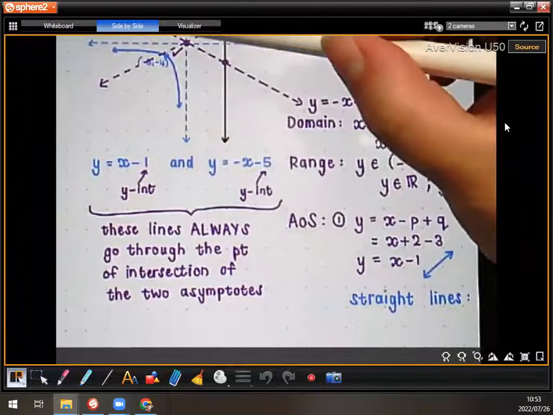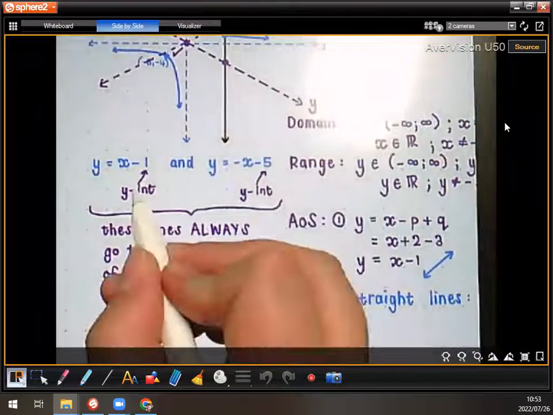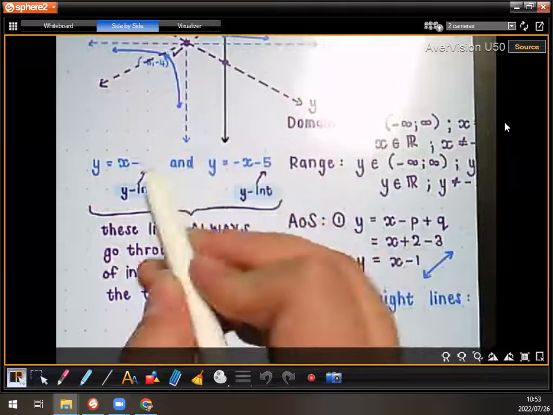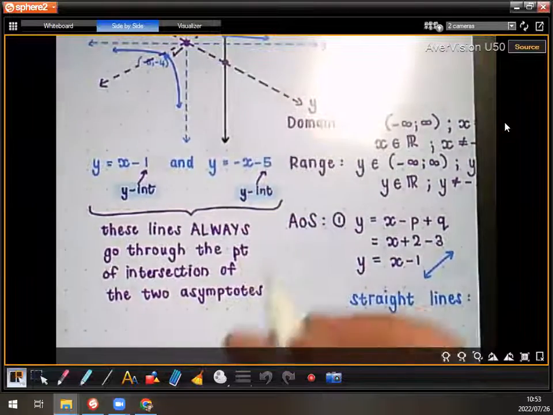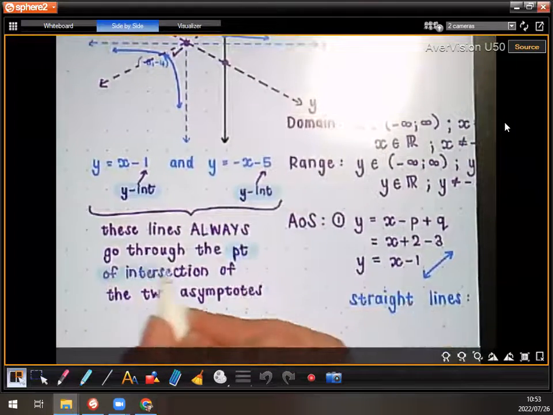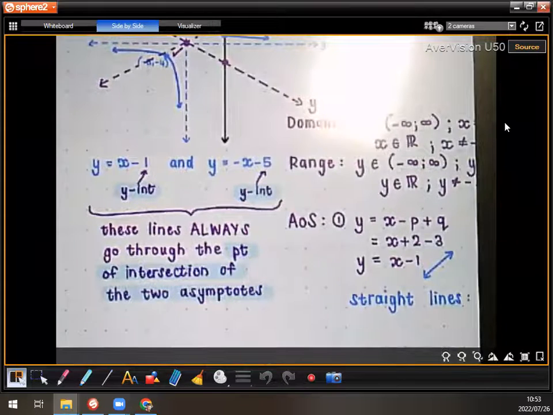So when you have to draw them, you're going to look for your y-intercepts, which are just your c values, which you can see from those equations, and then the point of intersection of the two asymptotes. Literally where those two asymptotes cross. We're always going through that.